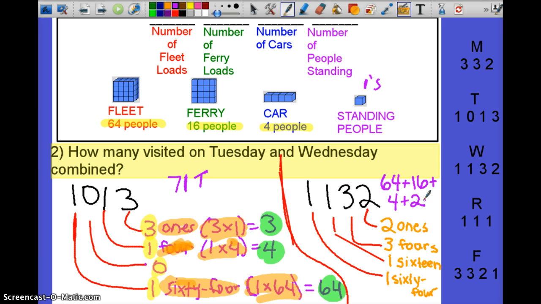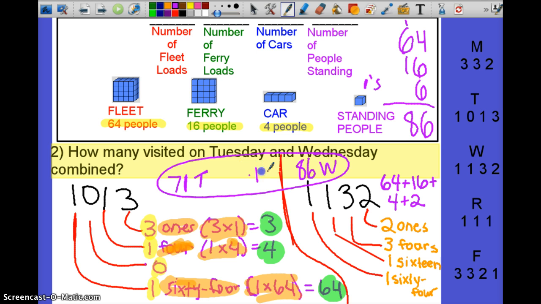Okay, so let's see, 64, 16, and 6. So 86 people traveled on Wednesday, so we would find the sum of these two to complete our problem. But just to take this one step further, to show students the connection between value and expanded form.